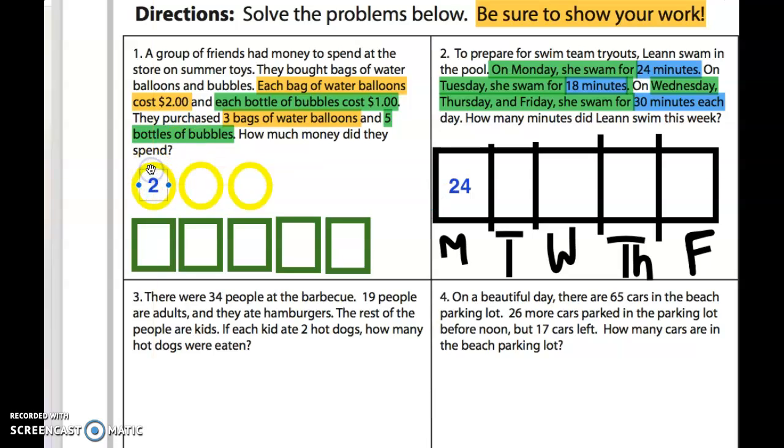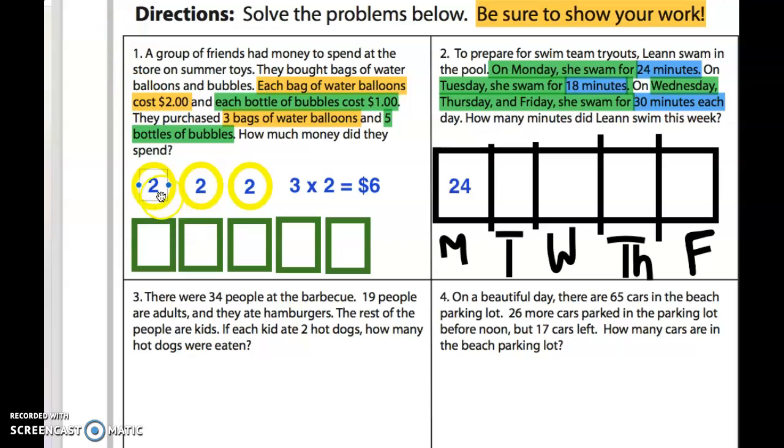This is kind of like our tape diagrams that we do in class, and some of you might have even thought of a multiplication sentence. You could have written 3 times 2 equals 6, because 2 plus 2 plus 2 is 6. So they spent $6 on water balloons.